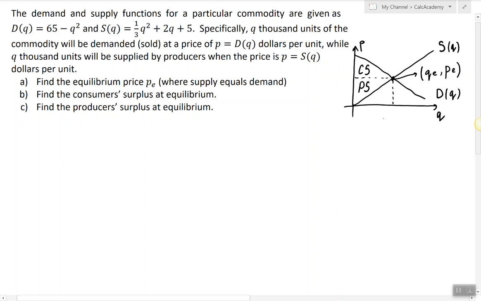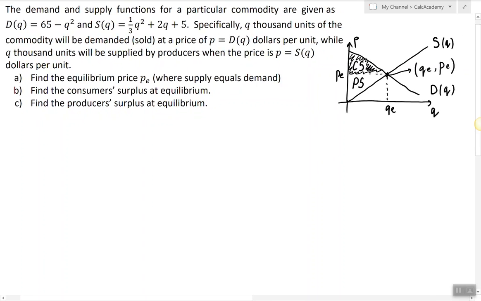So to find the producer surplus and consumer surplus, we just use integrals and simplify this area geometrically. So consumer surplus, therefore, will be equal to the area under the demand curve from 0 to QE minus the area of this rectangle.